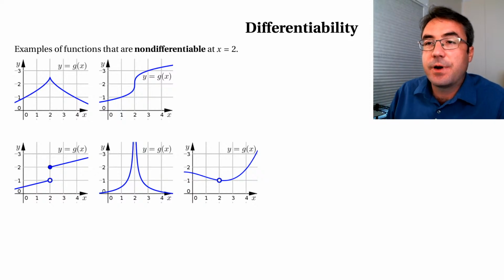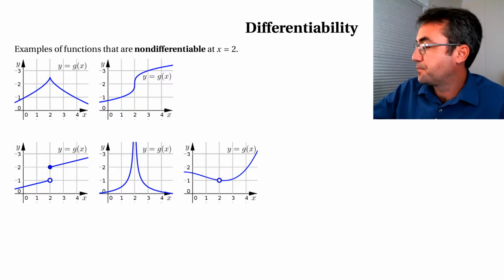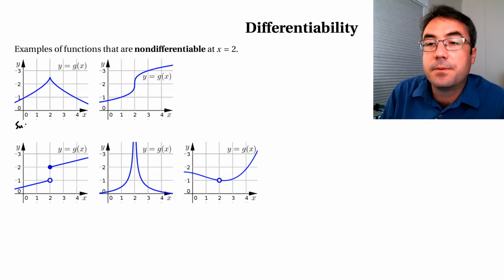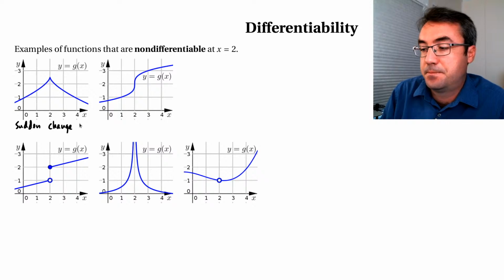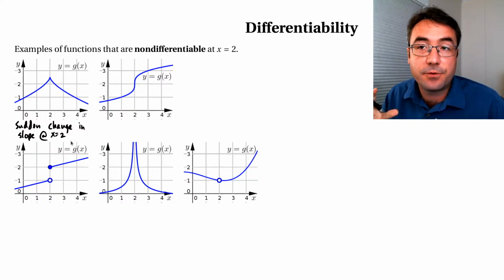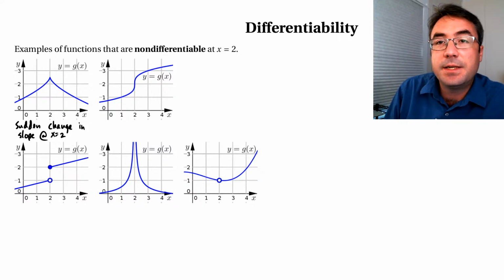And in the first graph, the very first one here, this is where we're seeing a sudden change in our slope. So if we look at this curve, we're seeing a sudden change in the slope of our curve directly at x equals 2. And why is it sudden?